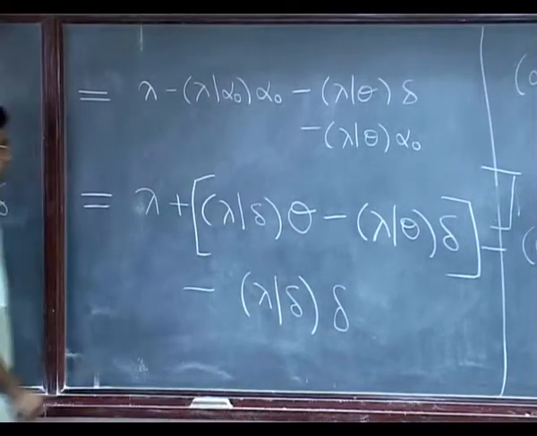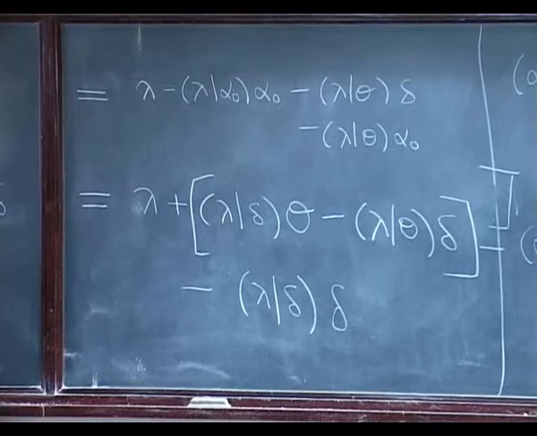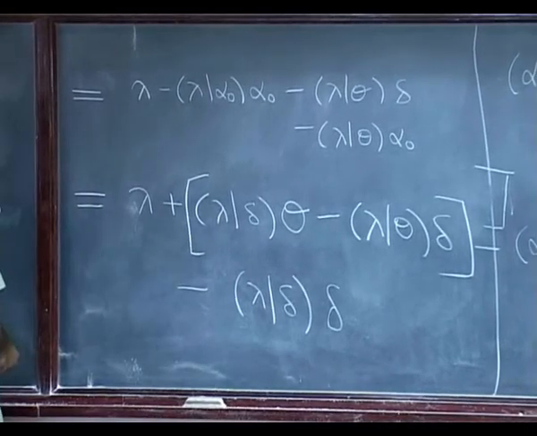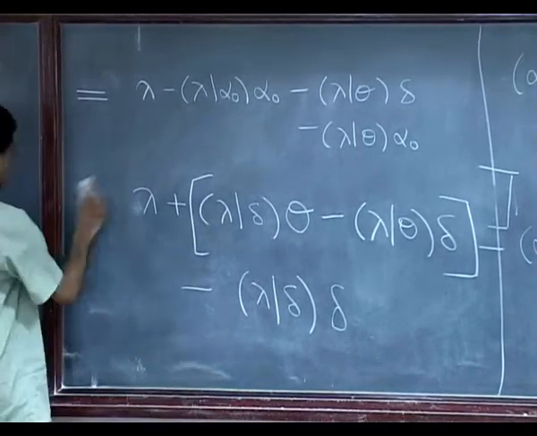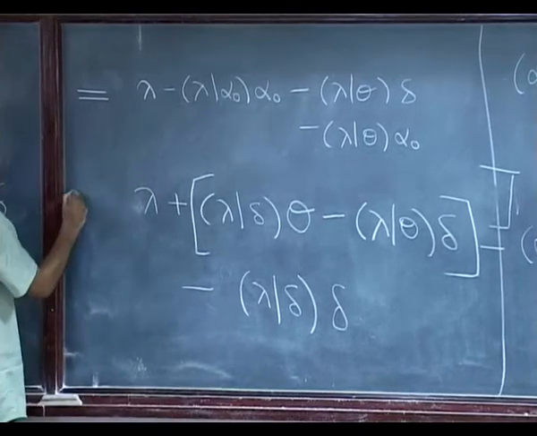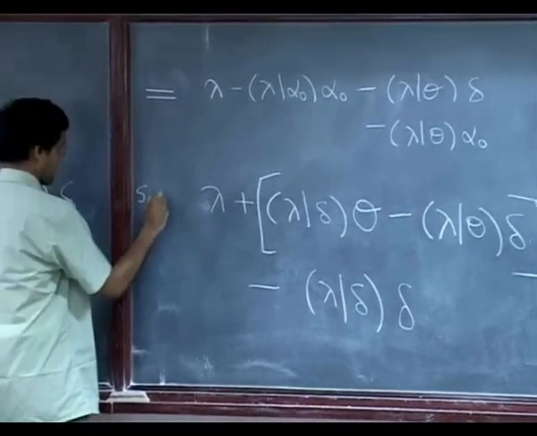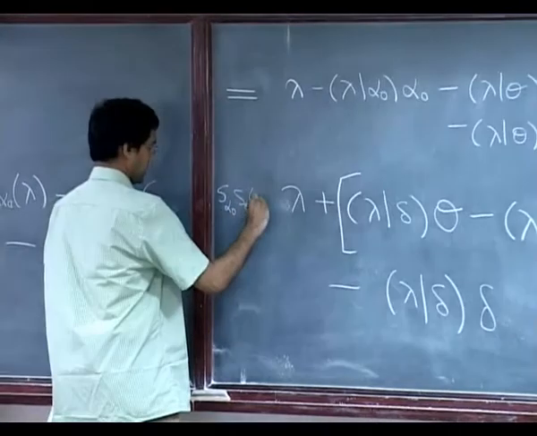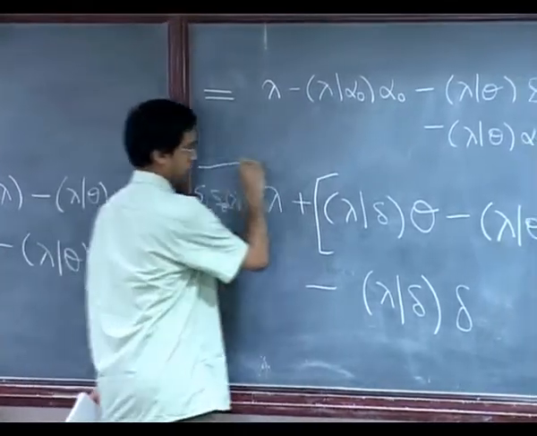So that's the final answer. Okay. So this is how the product S alpha naught S theta acts on lambda. So this is S alpha naught S theta acting on lambda is this. So that's the final thing I want.